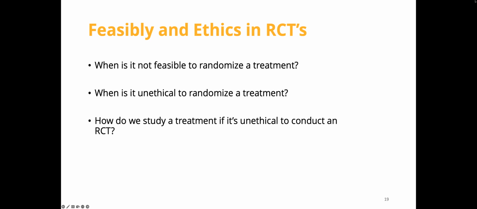Typically, it's not really feasible to conduct an RCT when there isn't clinical equipoise with respect to a particular medication. Clinical equipoise means that there's genuine uncertainty with respect to whether one medication is better than another medication.